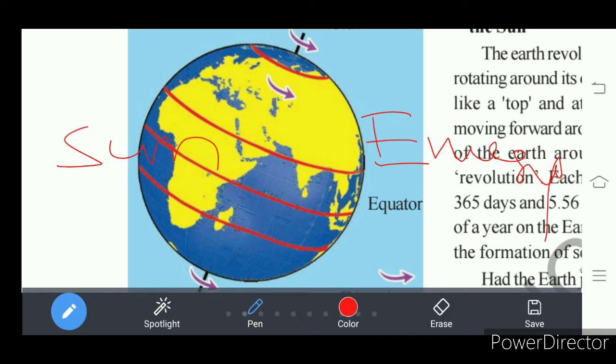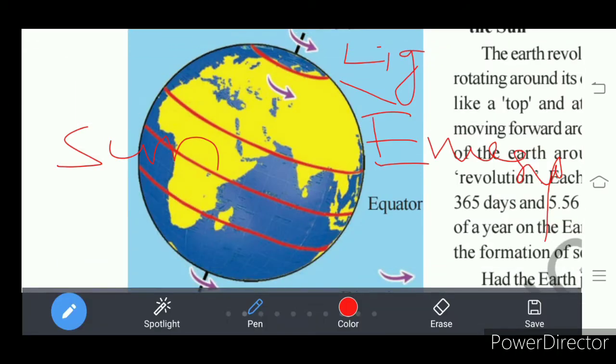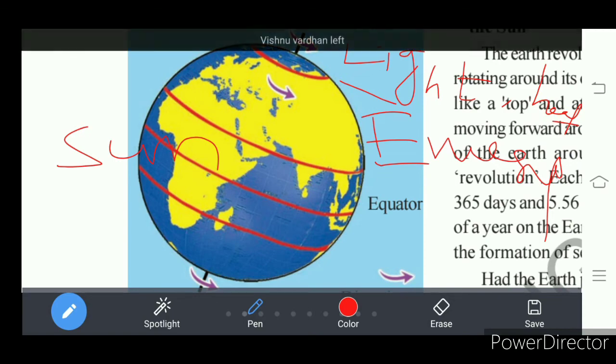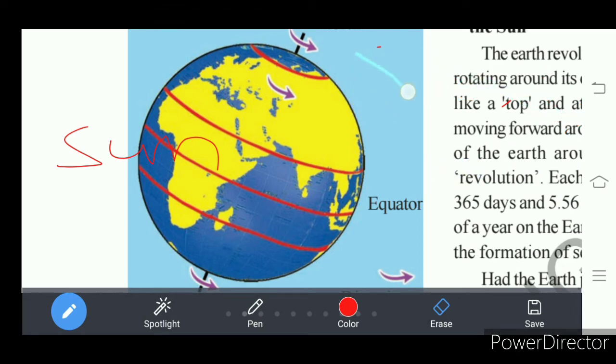What kind of energy comes from the sun? Light and heat. These are the forms of energy coming from the sun.